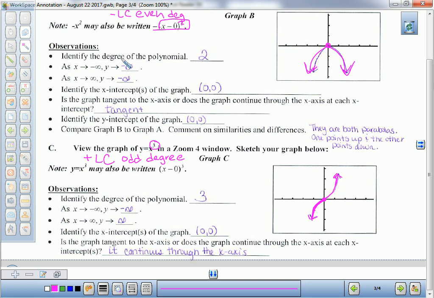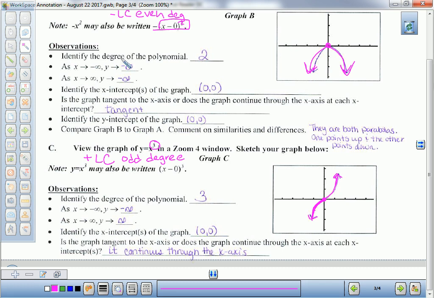So not only does it pass through here, where it passes through, because this factor is raised to an odd degree, it's going to pass through. But if the odd degree happens to be greater than 1, like 3 or 5 or 7, if the factor is raised to an odd power higher than 1, it doesn't just pass through.